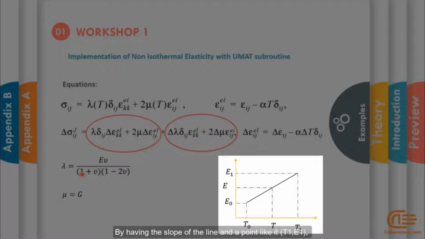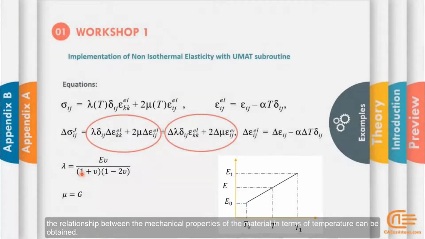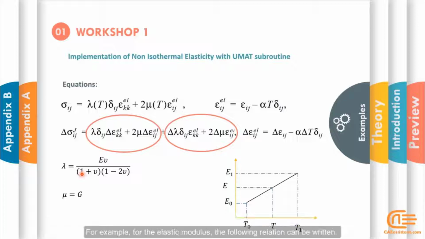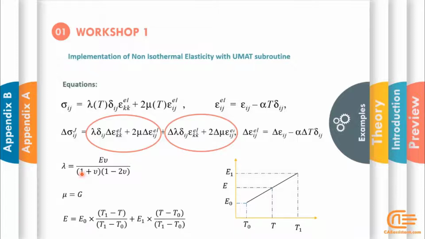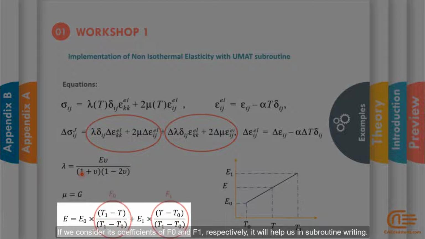By having the slope of the line and a point on it, like T1 and E1, the relationship between the mechanical properties of the material in terms of temperature can be obtained. For example, for the elastic modulus, the following relation can be written. If we consider its coefficients as F0 and F1 respectively, it will help us in subroutine writing.